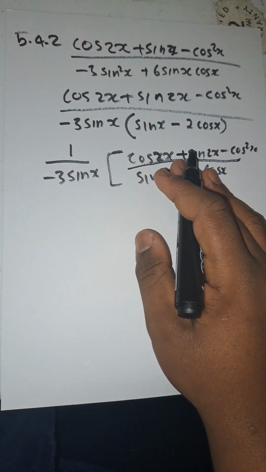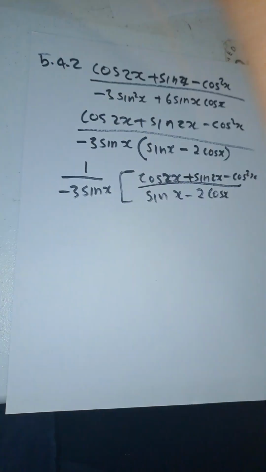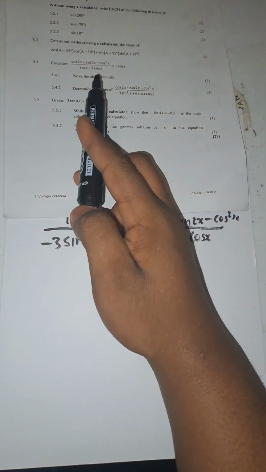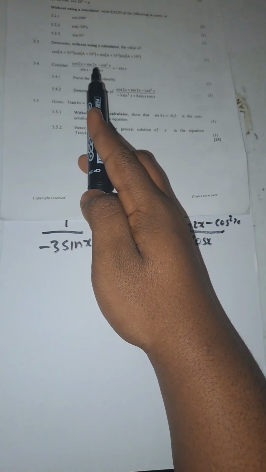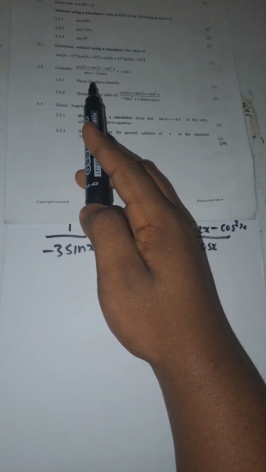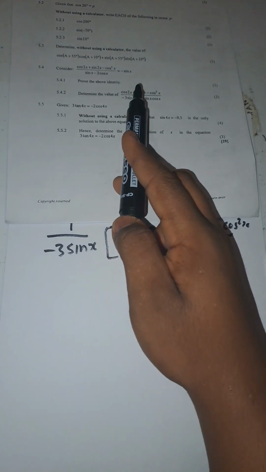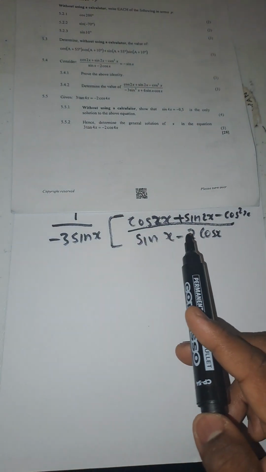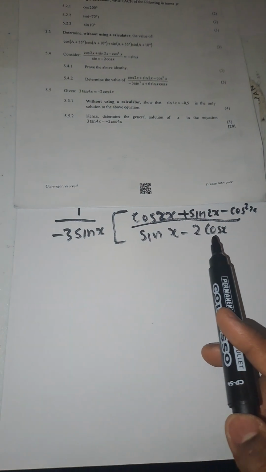Now remember, let's compare. They said cos 2x plus sin 2x minus cos squared x over sin x minus 2 cos x equals negative sin x, which is the very same thing here.